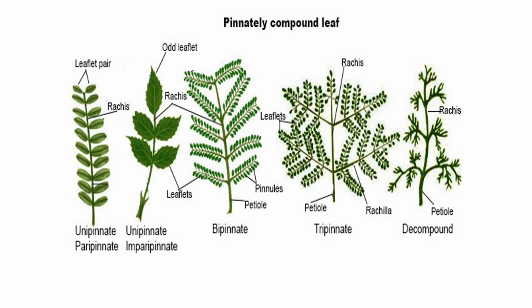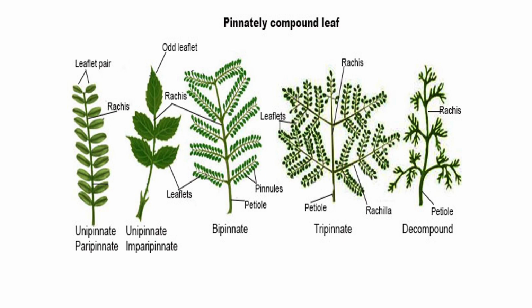Example, tamarind. In bipinnate compound leaf, the primary rachis bears secondary rachis and leaflets are attached to the secondary rachis in pinnate manner. Example, Caesalpinia, Acacia, etc. In tripinnate compound leaf, the leaf has primary rachis, secondary rachis and tertiary rachis.